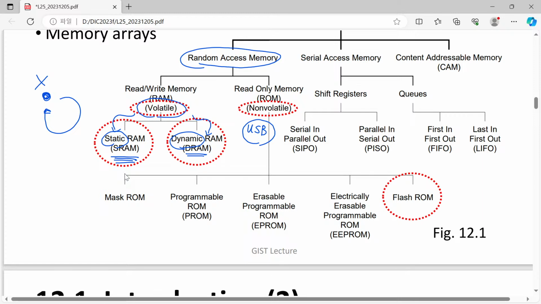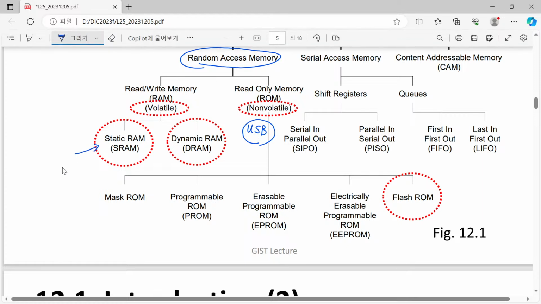Then you can easily understand my question: which one is more complex and which one is simpler in the sense of the number of transistors, the structure of its unit cell? You can easily understand that SRAM will contain more gates, more transistors, and will be more complicated.